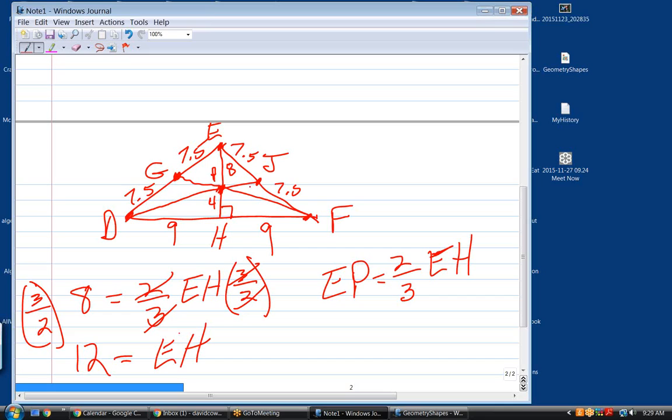The only reason we know this is an isosceles triangle is this right angle that the median made. That's what these lines are called, a median line. If the median does not make a right angle, then it's not an isosceles triangle.